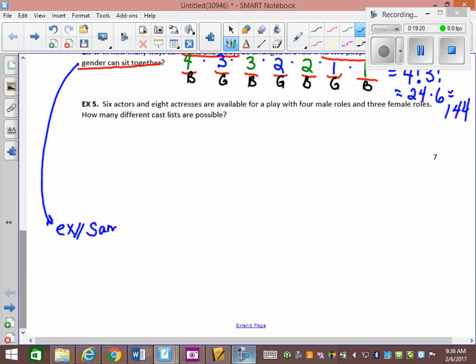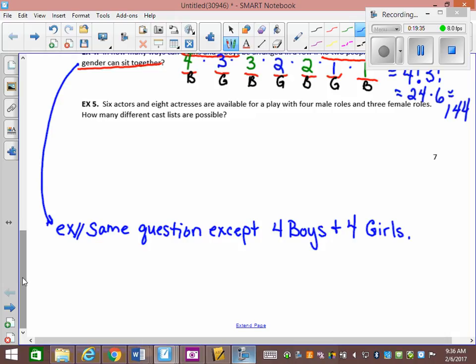Same question, except 4 boys and 4 girls. So now we have 8, right? Same rules, no boys can be beside girls, no girls can be beside boys.